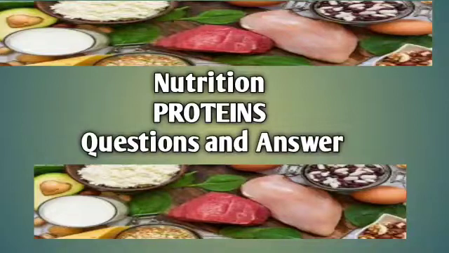Protein complementation: the process of combining proteins from different sources so that they collectively provide all the essential amino acids needed. It is often used by vegetarians to ensure all protein needs are met on a plant-based diet.